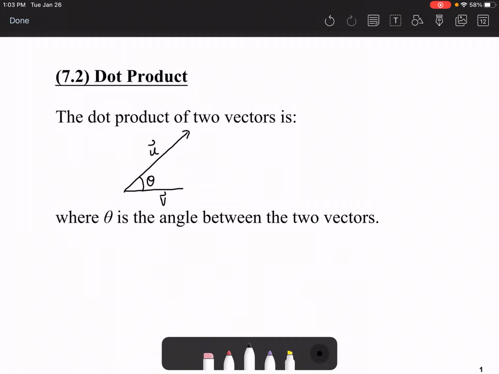I'm going to change vector v to be a little larger. Okay, so in order to calculate the dot product between these two vectors, it is described as u dot v is equal to the magnitude of u times the magnitude of v times cosine of theta.